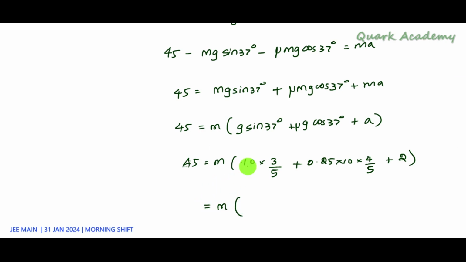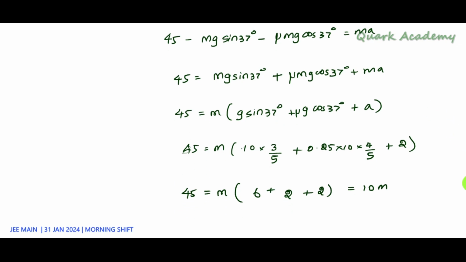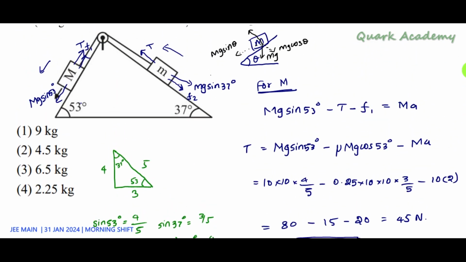So m into this is 6 plus 2, plus 2, which is equal to 10m. 45 Newton equal to 10m, which means the mass is going to be 45 by 10, which is 4.5 kg. So the mass of the small one is 4.5 kg.